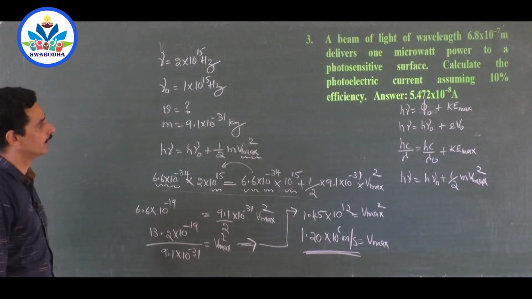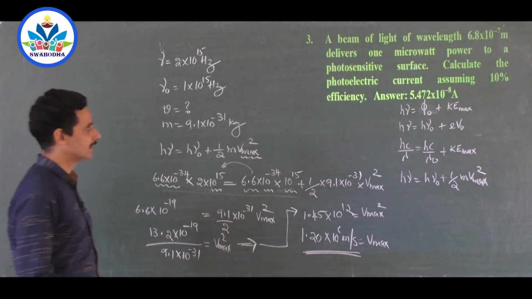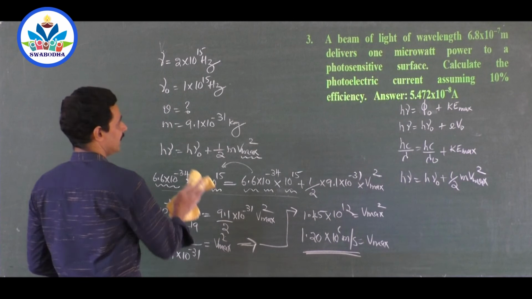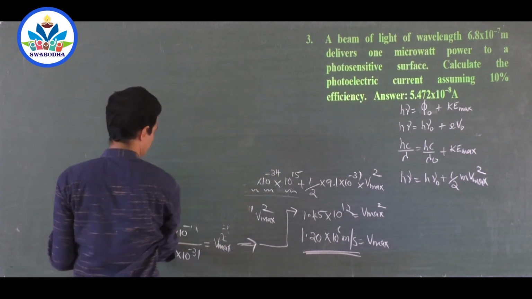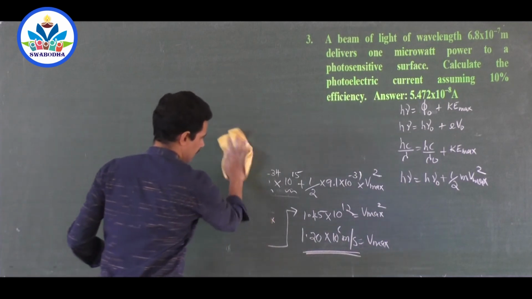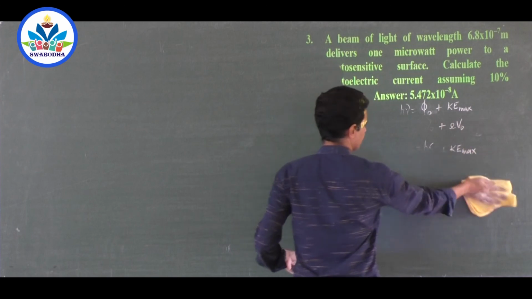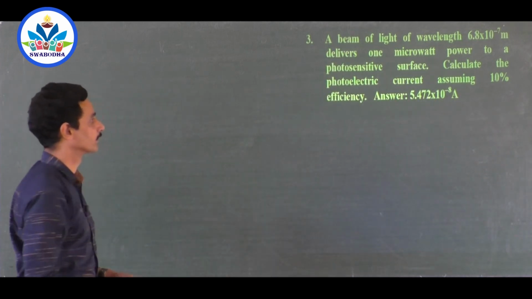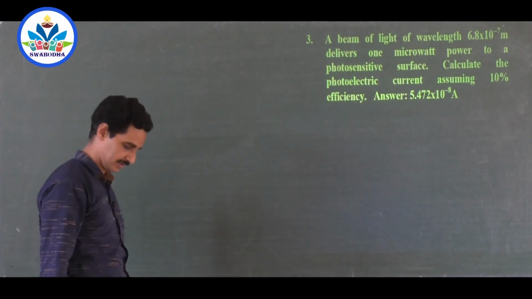A beam of light of wavelength 6.8 into 10 to the power minus 7 meter delivers 1 microwatt of power to a photosensitive surface. Calculate the photoelectric current assuming 10% efficiency.